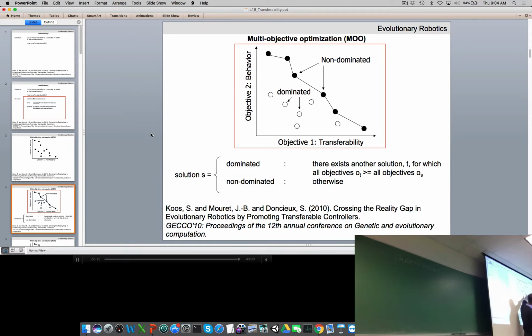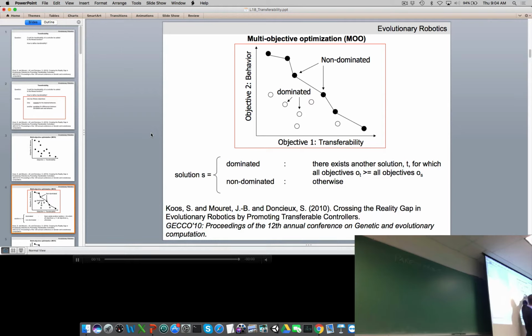We're taking S, and we're now going to look at all the other points. So here's S. We're going to visit all the other points other than S. And each time we visit another point, we're going to consider it T, and we're going to ask the following question. Does T dominate S? And how do we know if T dominates S? T dominates S if T is better or equal to S on all of the objectives we're looking at.